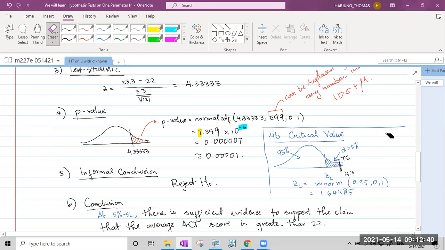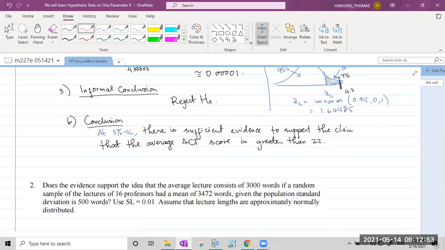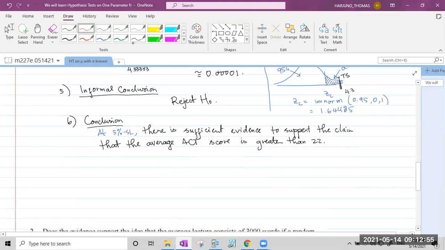Now the thing is, teaching the p-value method and the critical value method at the same time may be confusing. But let me explain the difference of these two approaches. They are actually aiming for the same purpose: do we reject or fail to reject the null hypothesis?